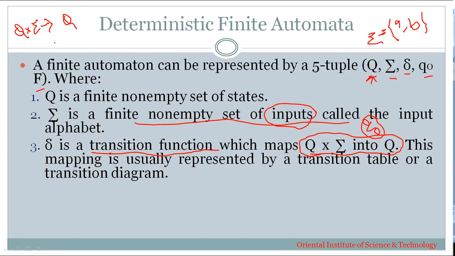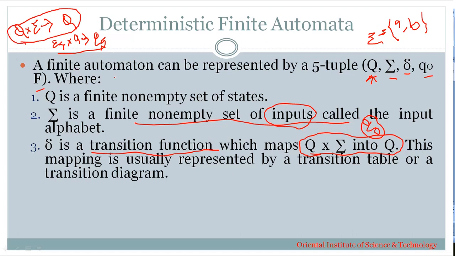For example, if q4 is a state, getting input a, we move to some other state, let it be q5.